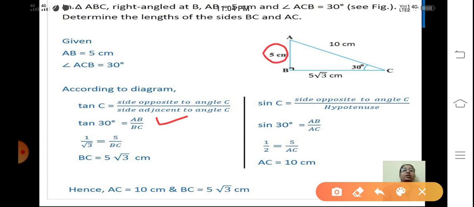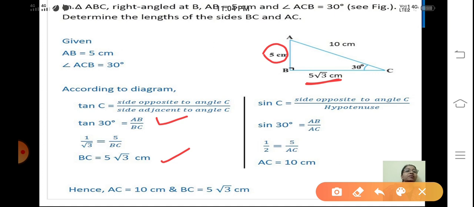So 5 upon BC, right? Now cross multiply. So on cross multiplication you will get BC is equal to 5 into root 3 centimeter. So this is the value of your BC here. Now let us find AC. So for that you take sine of angle C.